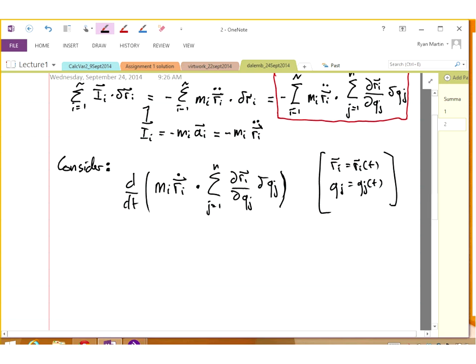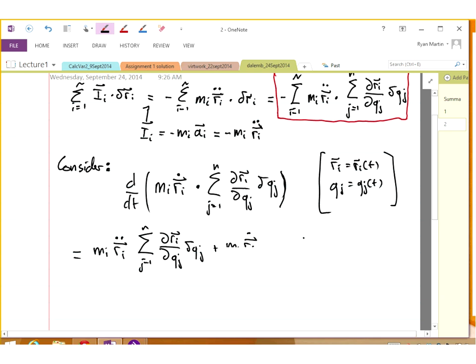So if I apply the product rule here, I get the derivative of the first term with respect to time, which is m_i r_i vector double dot times the second term unchanged, the sum of j equals 1 to n of partial r_i vector by partial q_j delta q_j, plus the first thing unchanged, m_i r_i dot, times the time derivative of the second term.